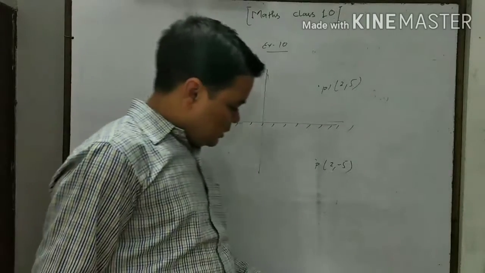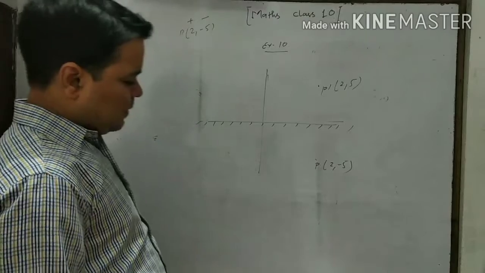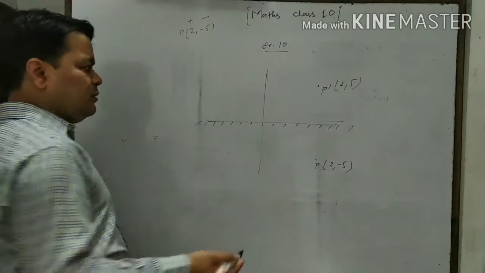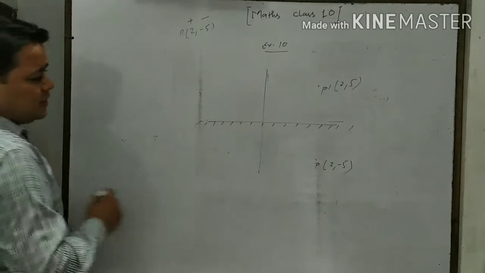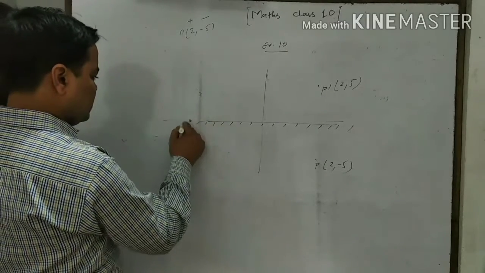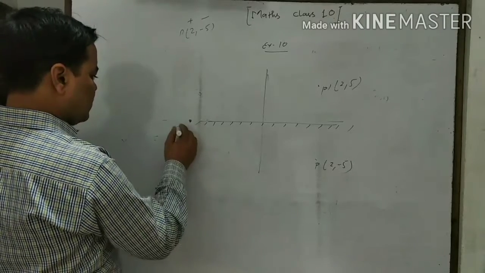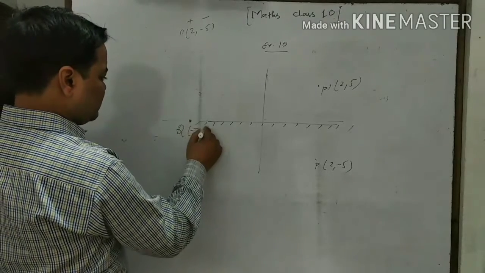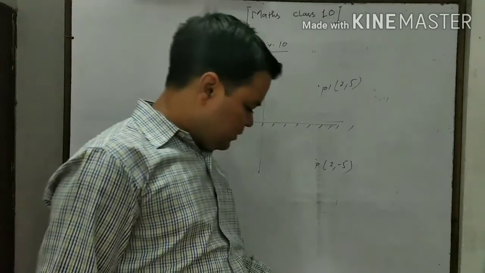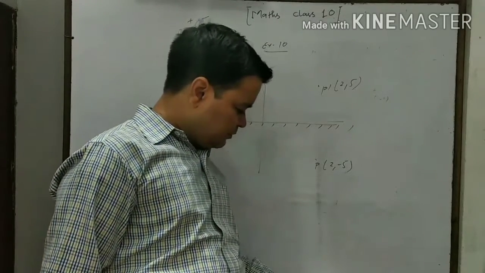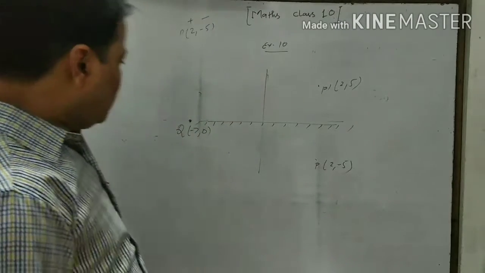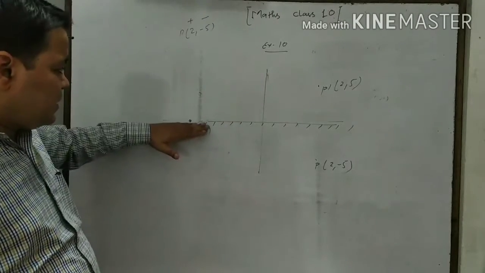Now the third part, (-7, 0). Minus 7 on the x-axis, so let here this be the point Q (-7, 0), and we want to find the coordinate of its image under reflection in the x-axis.